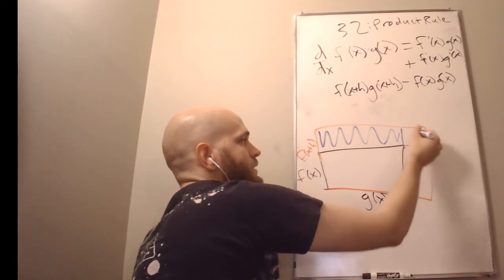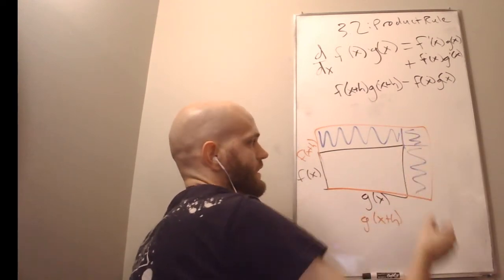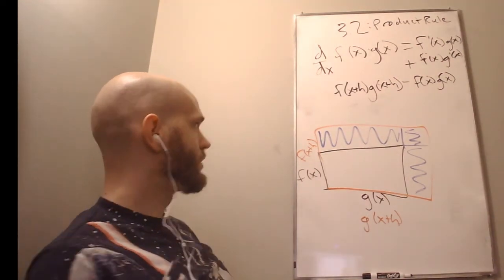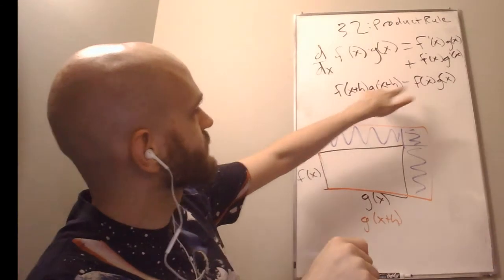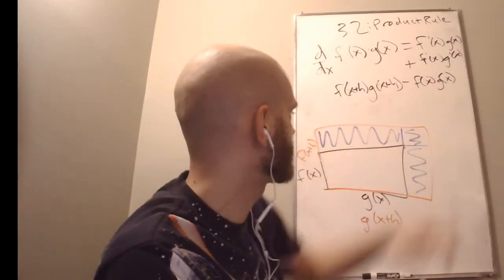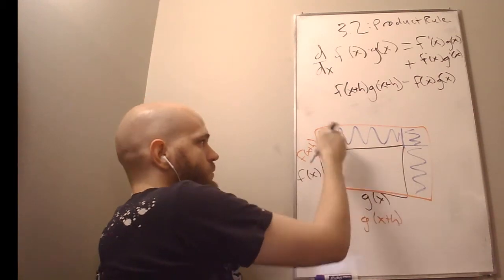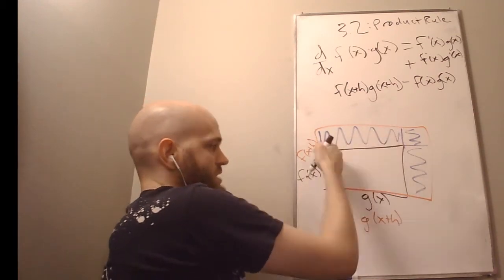I'm going to split this into 3 little sections, this area and this area. So what we could do is rewrite f of x plus h, g of x plus h minus f of x, g of x in this way. This blue region up here has length g of x.